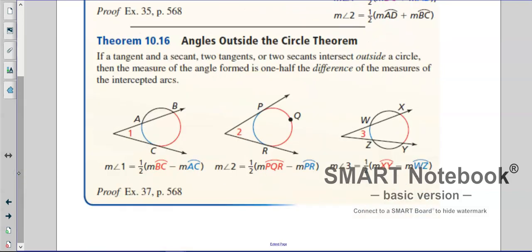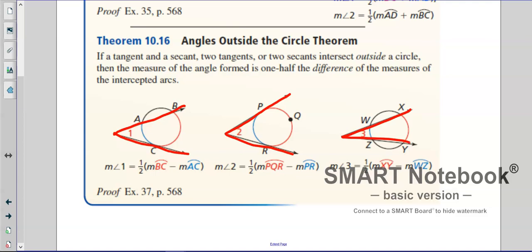Then, if it's outside, if a tangent and a secant, remember a tangent only touches once, a secant is basically a chord that continues through the circle. If a tangent and secant, like that, or two tangents, or two secants intersect outside the circle, the measure of the angle formed is 1/2 the difference of the two arcs.